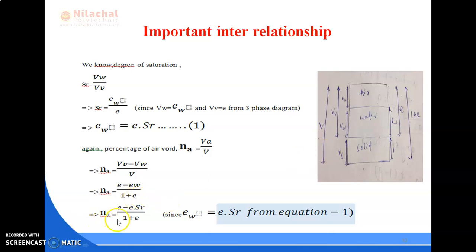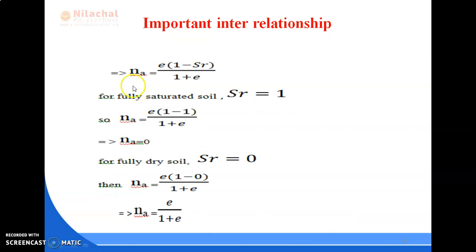So Na equal to E minus, we put the value of Ew, E into SR from equation 1, divided by 1 plus E. Taking E common, Na equal to E into (1 minus SR) by 1 plus E. This is the actual relationship between Na, E and SR.